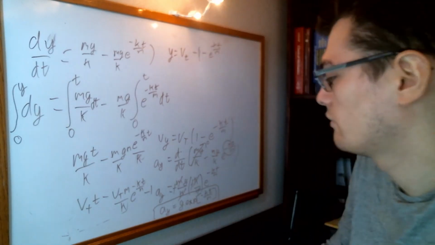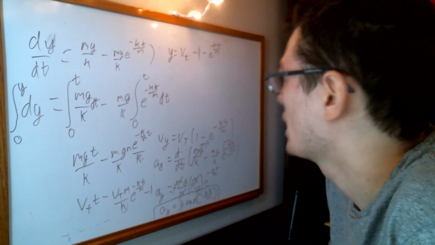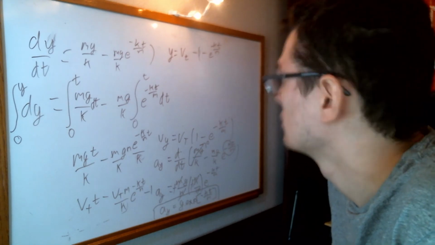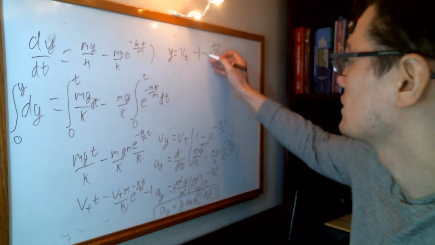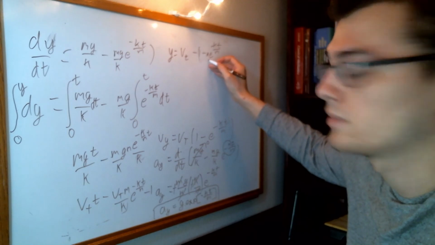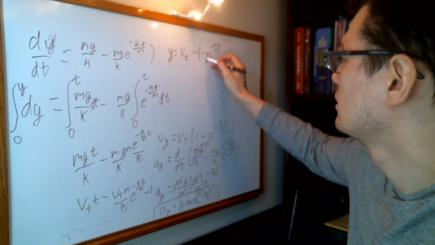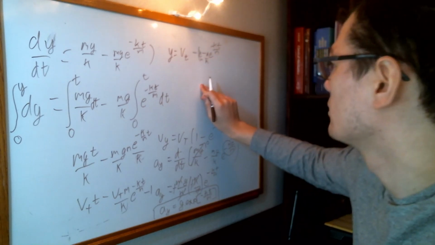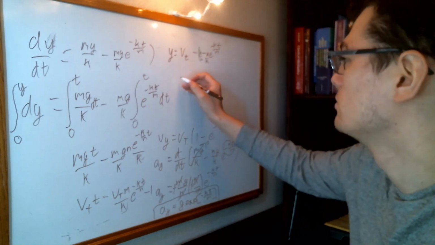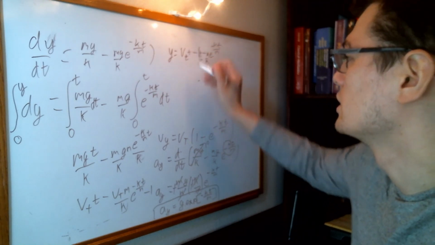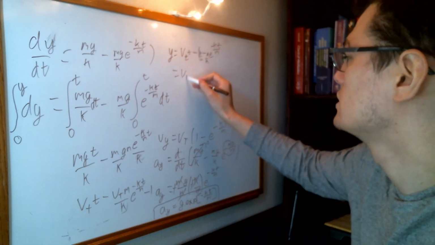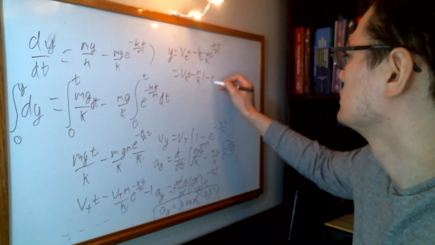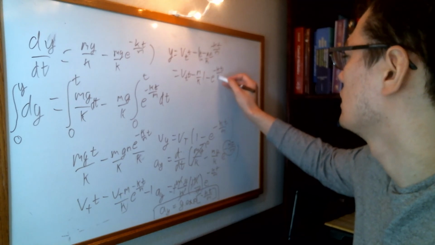And we have these constants in front too. This is going to be m/k, and this should also be an m/k, so we can factor that out. And then there's also a t here. So this should be Vt t minus m/k (1 minus e^(-kt/m)).